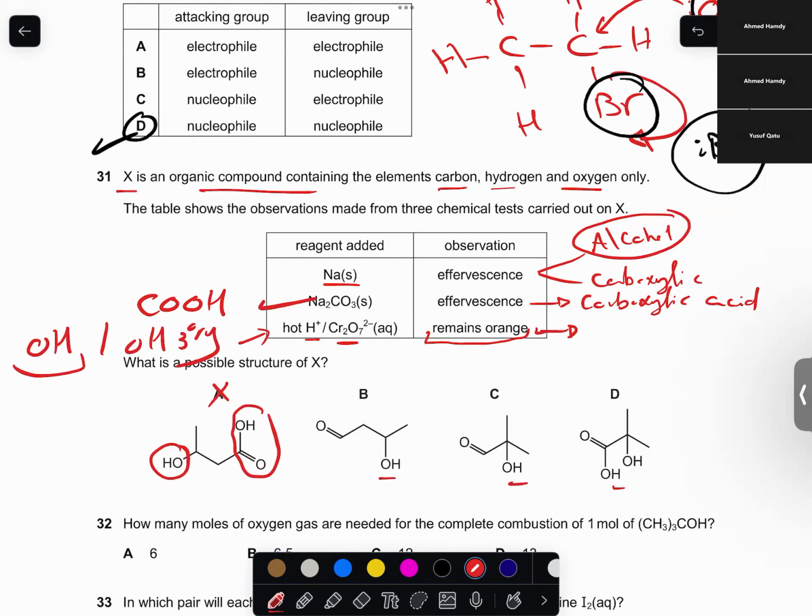All of them contain OH, so OH should be tertiary in this case. Here OH is secondary, here OH is tertiary, right? But this compound doesn't contain COOH, so it's not the answer. So the answer is D because it contains a carboxylic group, and at the same time this OH is on a tertiary carbon atom.